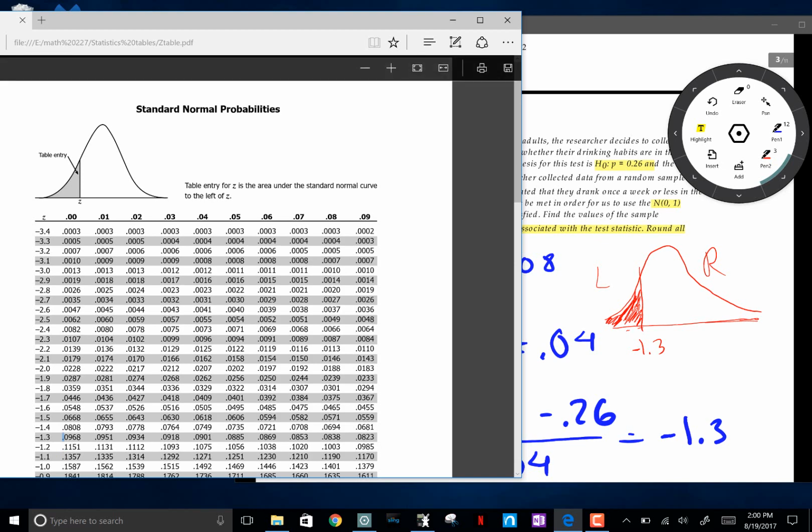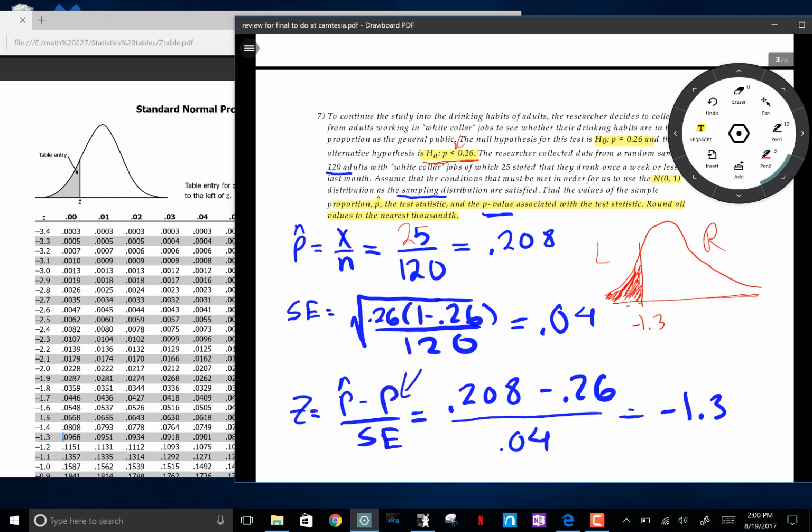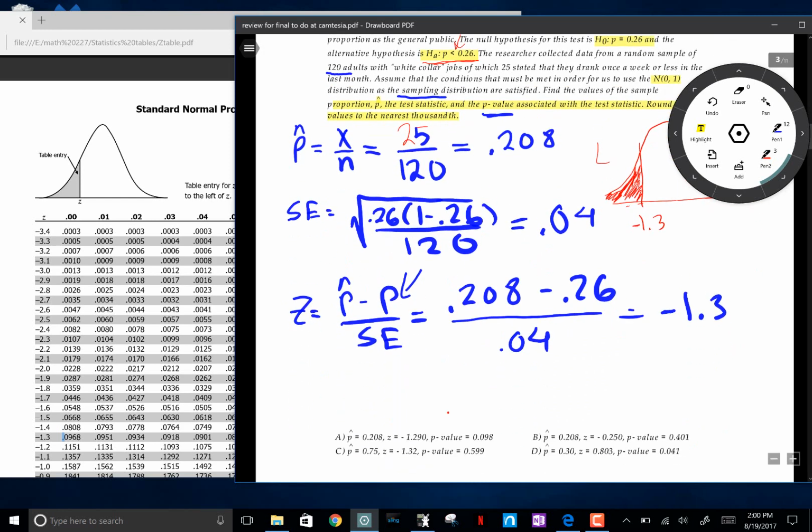For negative 1.3, we get 0.0968. So this is my proportion, which is what I wanted. This is my z-value, and this is my p-value.